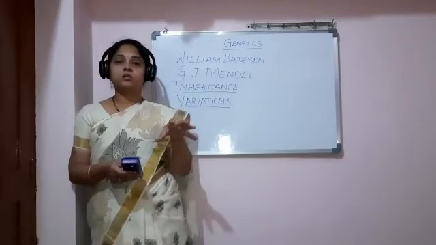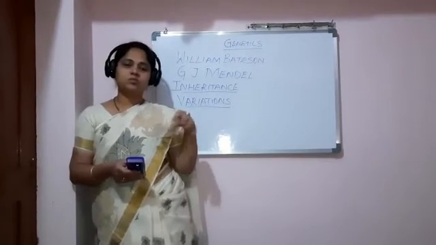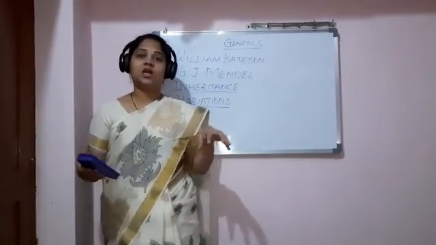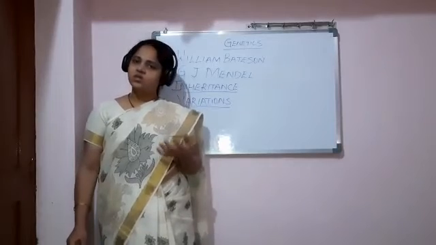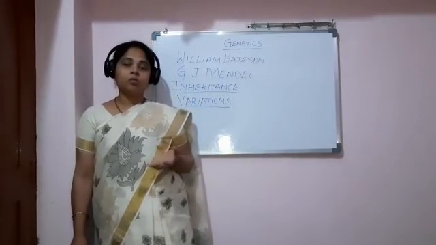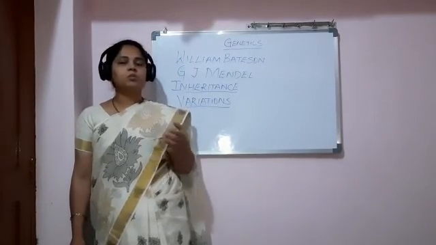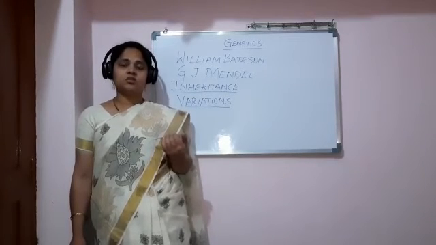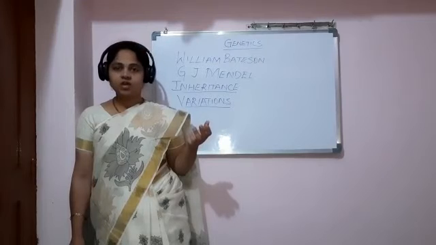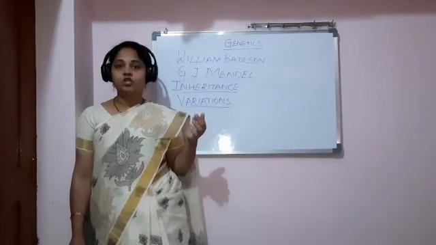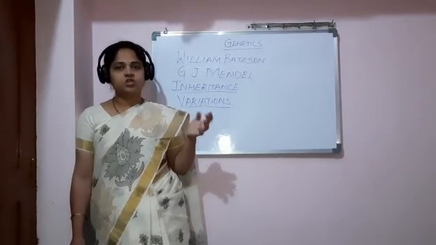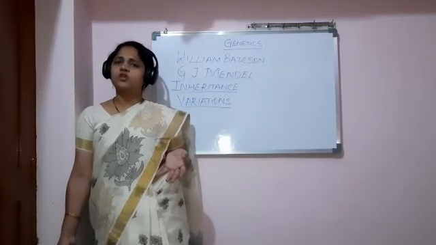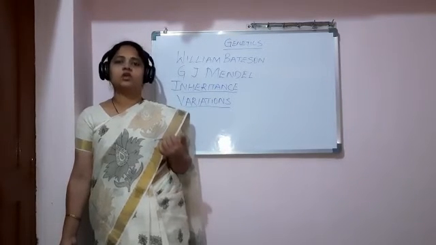Of these pea plants, he observed only 7 characters. Whether it is a plant, a microbe or an animal, within living organisms you can take behavioral, external, internal, anatomical and physiological features. So many characteristic features are present within a living organism.